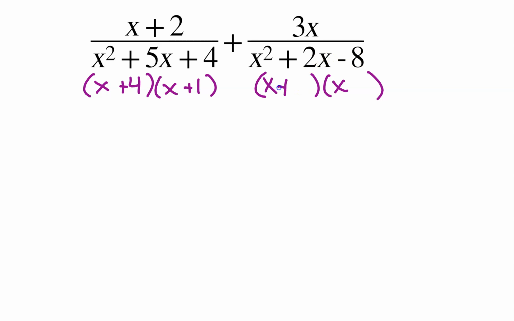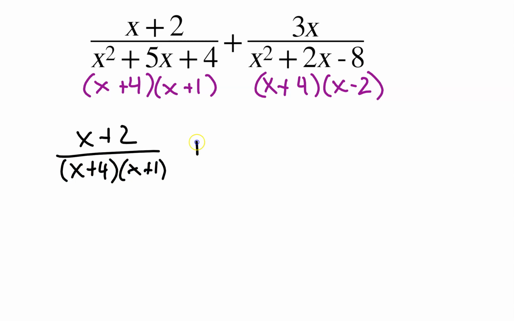So I would need a plus 4 and a minus 2. I'm going to rewrite this problem as x plus 2 over x plus 4 times x plus 1, and then this expression is 3x over x plus 4 times x minus 2.